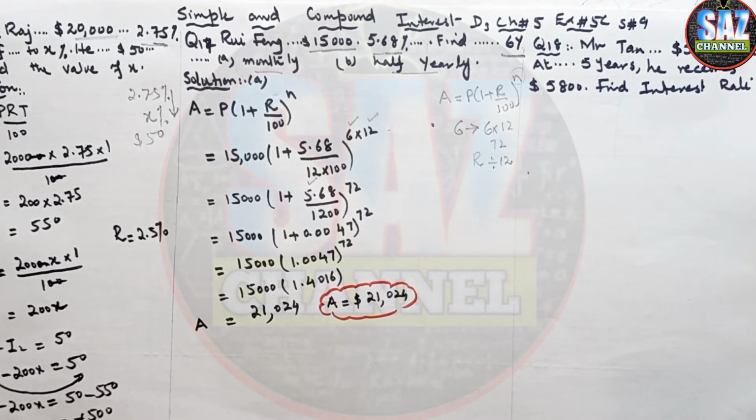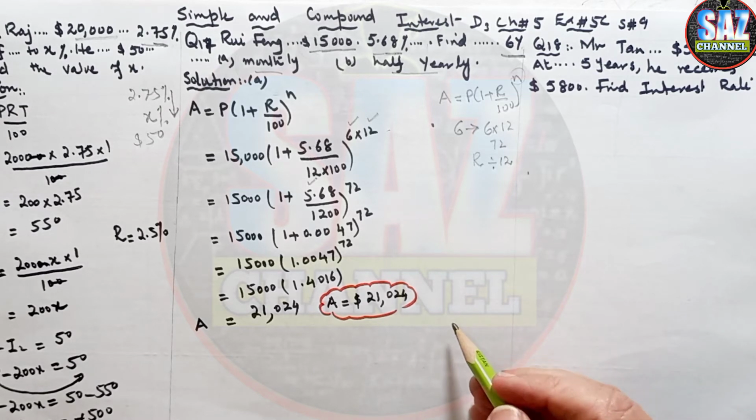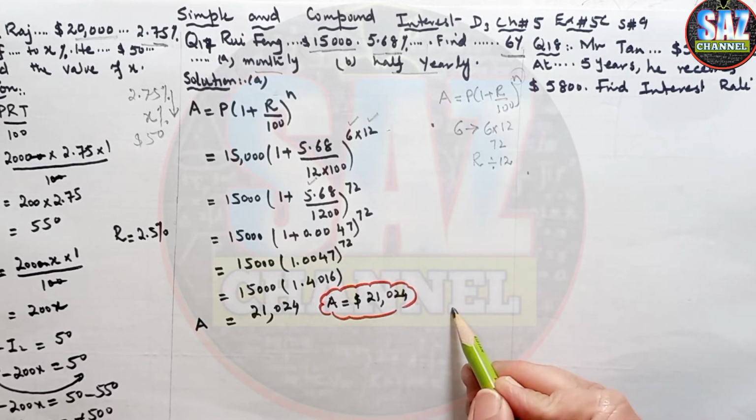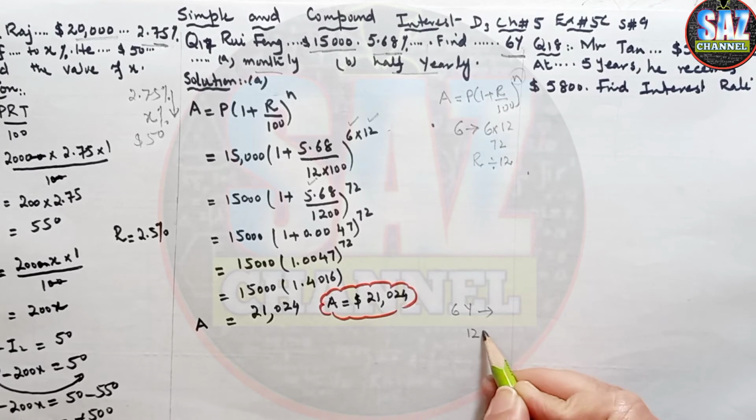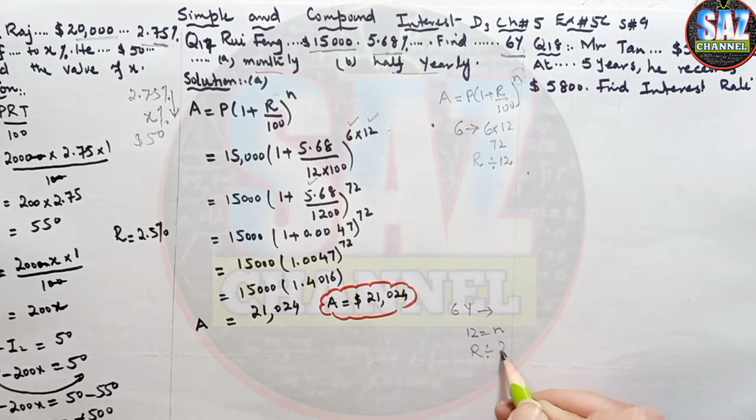So in the second part, as we are investing on the half yearly plan, for 6 years the total conversion periods n will be equal to 12, and the rate will be divided by 2.